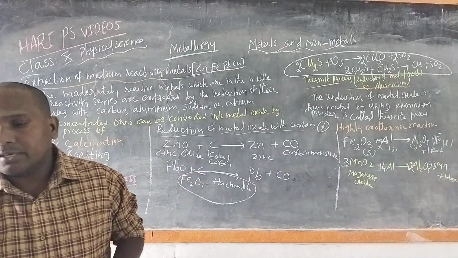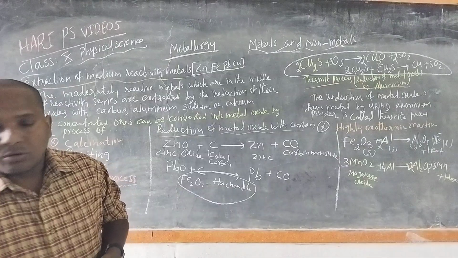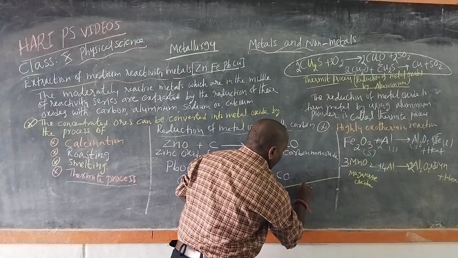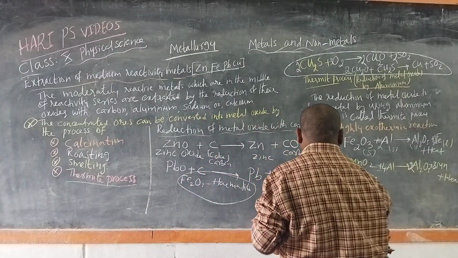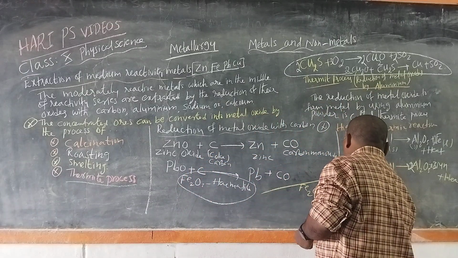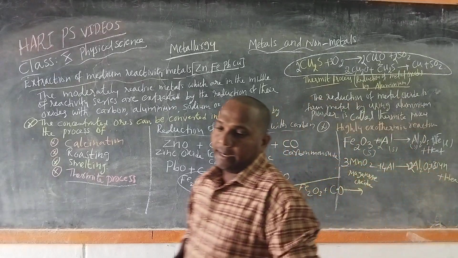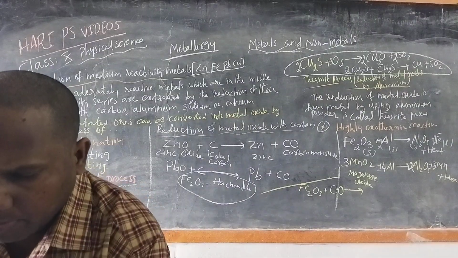Reduction of oxide ores with carbon monoxide. So Fe2O3 plus CO forms iron plus carbon dioxide.